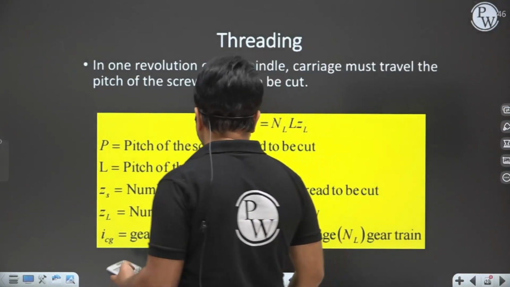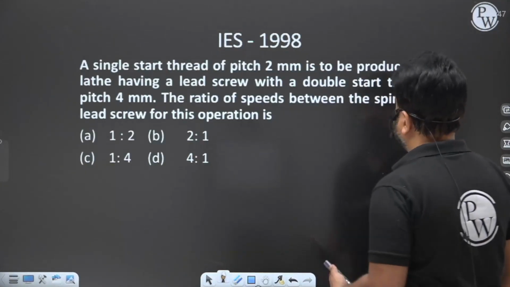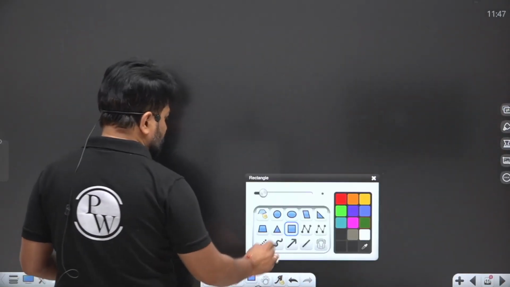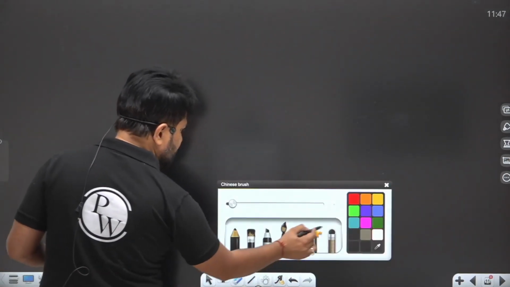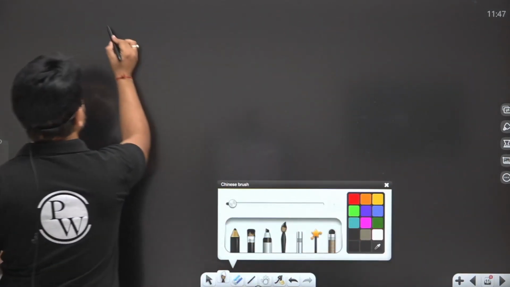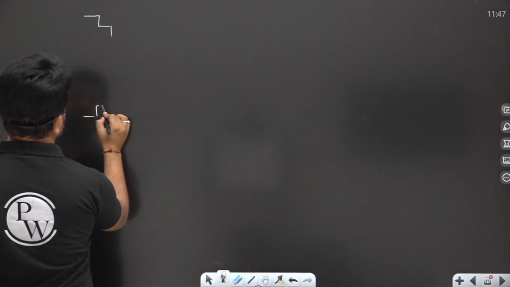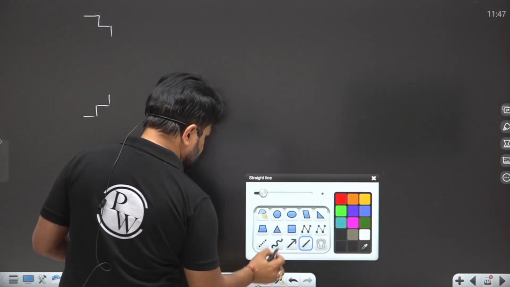Now suppose that you are cutting a thread. So basically in a thread cutting operation, what is a major requirement? Suppose that this is my work holding device. My dear student, please note down that.